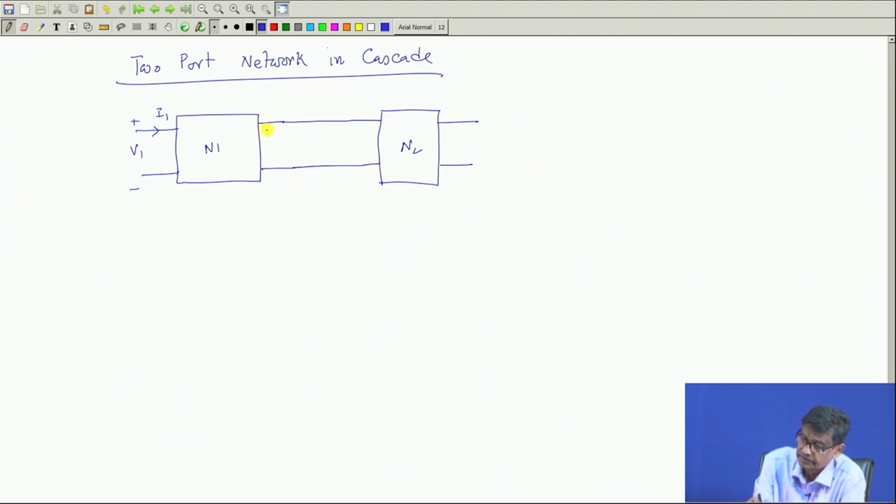Got the point? This is plus minus, this is V2, and this will have its terminal and you consider this to be your V1 dashed.